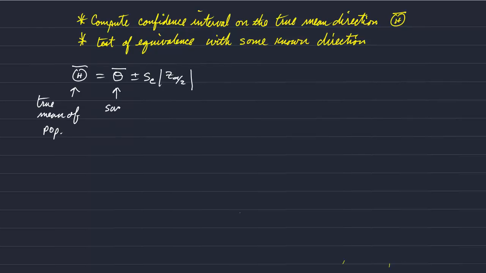This is the sample mean. SE is the standard error on the sample mean. That is, if we repeated our sampling multiple times, we would get different values, and the standard error describes the spread of those values.